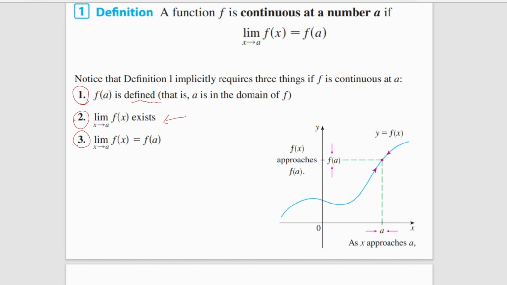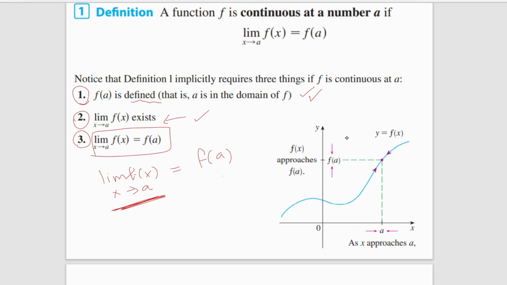If the first condition is satisfied and the second condition is satisfied, then we can go directly to the third condition, which is that the limit of f of x when x goes to a exists, the value is defined, and they are equal to each other.